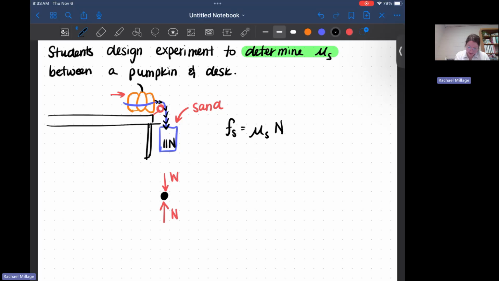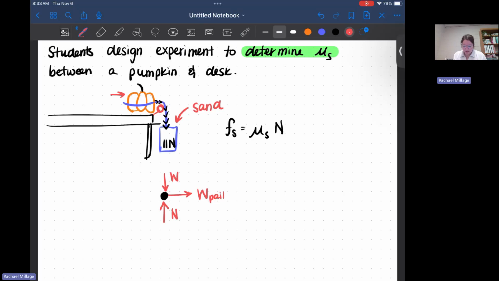So our pail of sand has a force of 11 newtons downward, but this rope right here changes the direction of that force. So on our pumpkin, that 11 newtons is actually acting in a sideways direction. So we also have the weight of the pail or bucket.